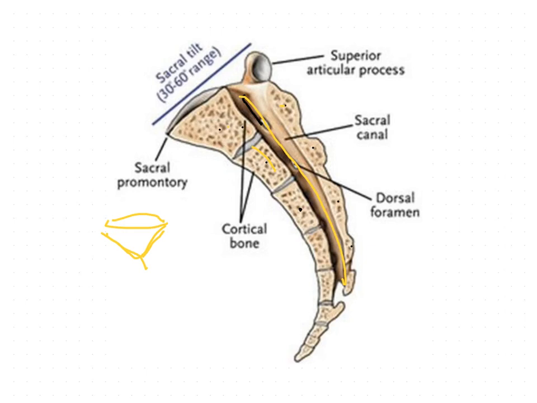Here you can see these intervertebral foramina. This intervertebral foramen will communicate with the dorsal as well as the ventral sacral foramina. Here you can see these foramina.